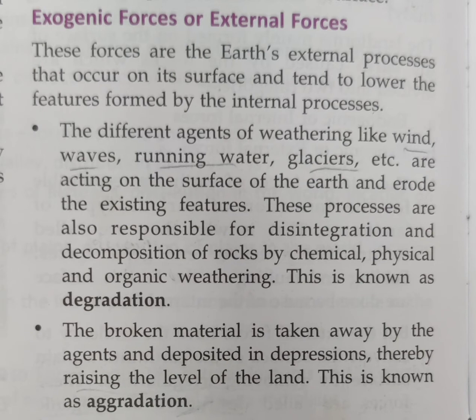That area where they collect is raised up, and this is known as aggradation. From where the mud or rock is gone, that area is degraded, becomes low, and is called degradation. Where they collect, that area is called aggradation.